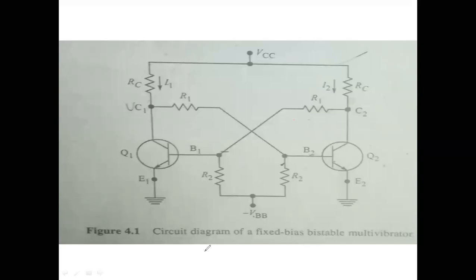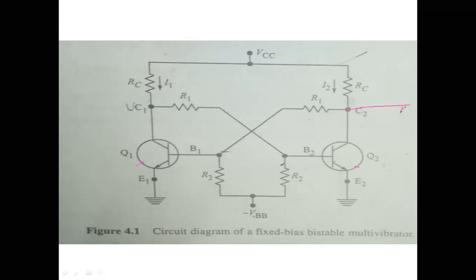The circuit which you are seeing on the screen is a fixed bias bistable multivibrator. Here we are using two transistors, Q1 and Q2, connected such that the output of one transistor is connected to the input of the other transistor.